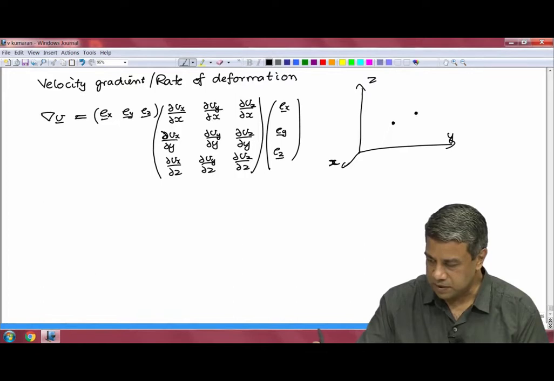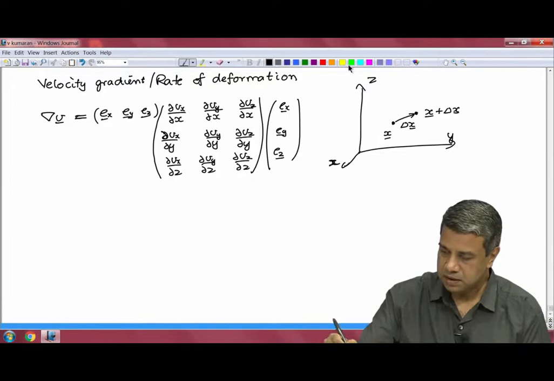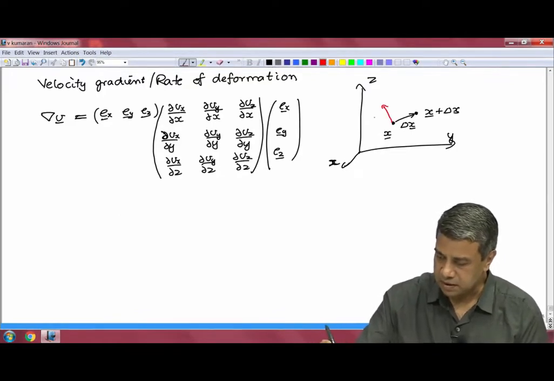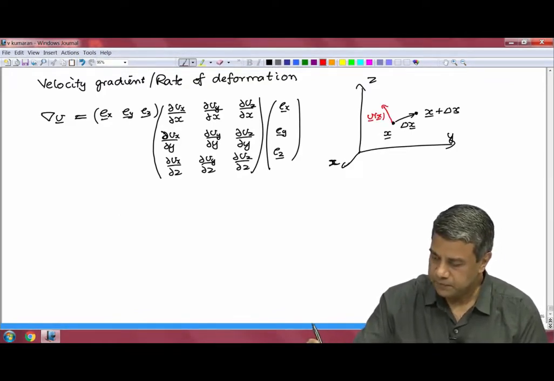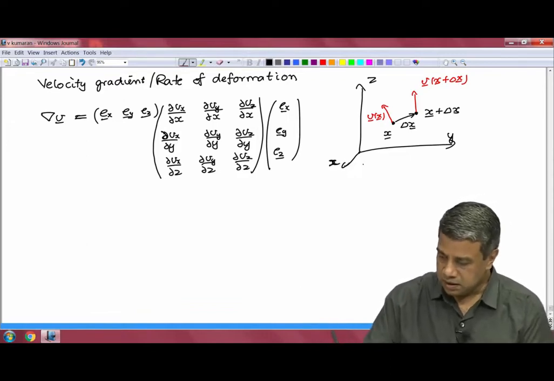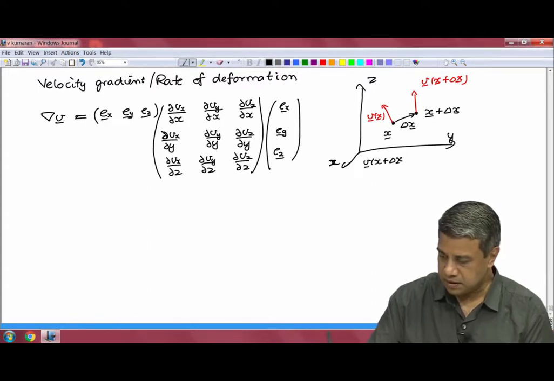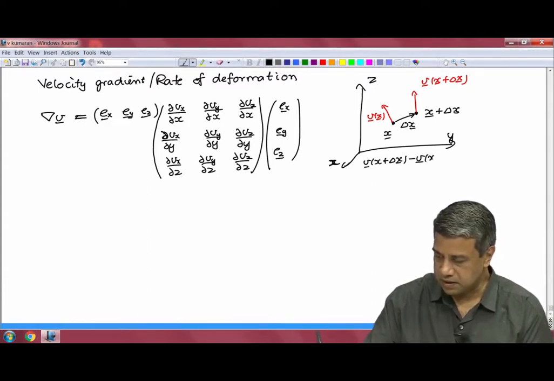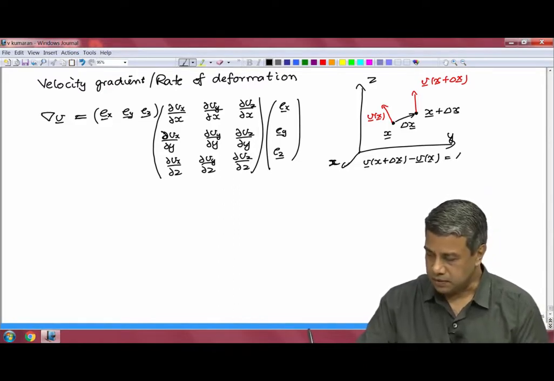If I have 2 points separated by a distance delta x, at the locations x and x plus delta x, the difference in velocity, v at x plus delta x minus v at x, is going to be equal to delta x dotted with grad v.